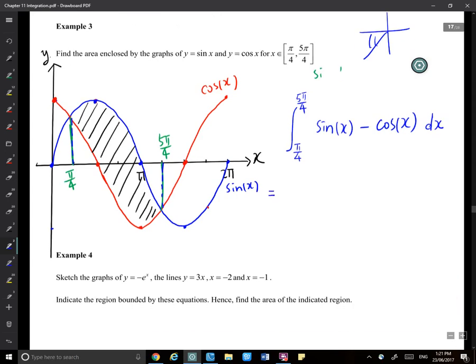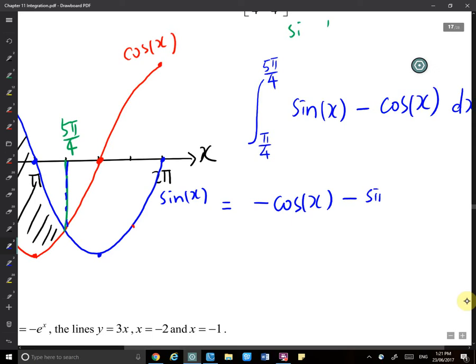What's the antiderivative for sine x? Negative cos x. And what's the antiderivative for cosine x? Sine x. Cosine goes straight back to sine. And then I'll use the limits pi over 4 and 5 pi over 4.